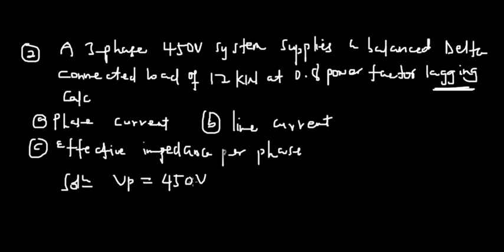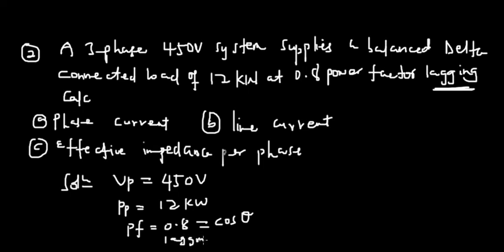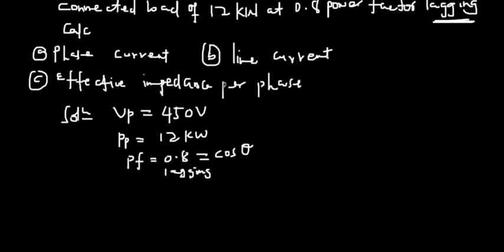And then we have phase power equal to 12 kilowatts, and then we have power factor equal to 0.8. Note that our power factor is also equal to cos theta, lagging. So keep that in mind, lagging could be negative.